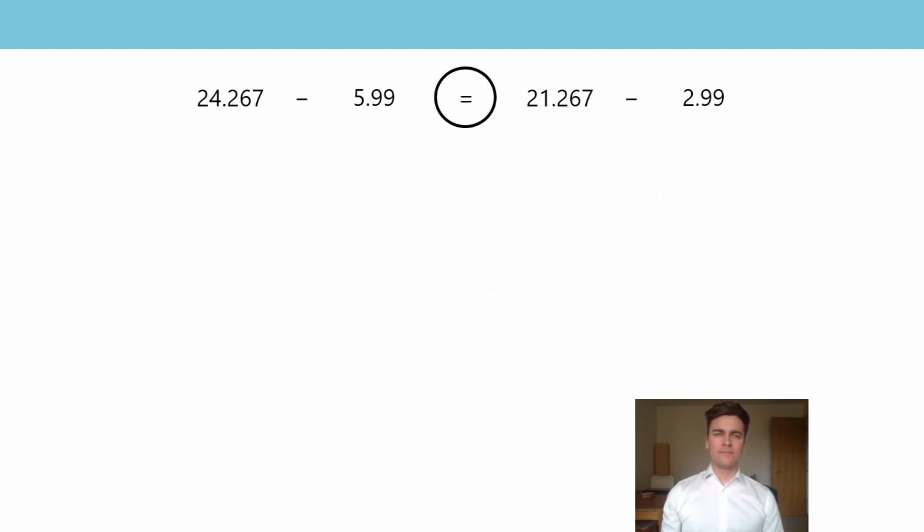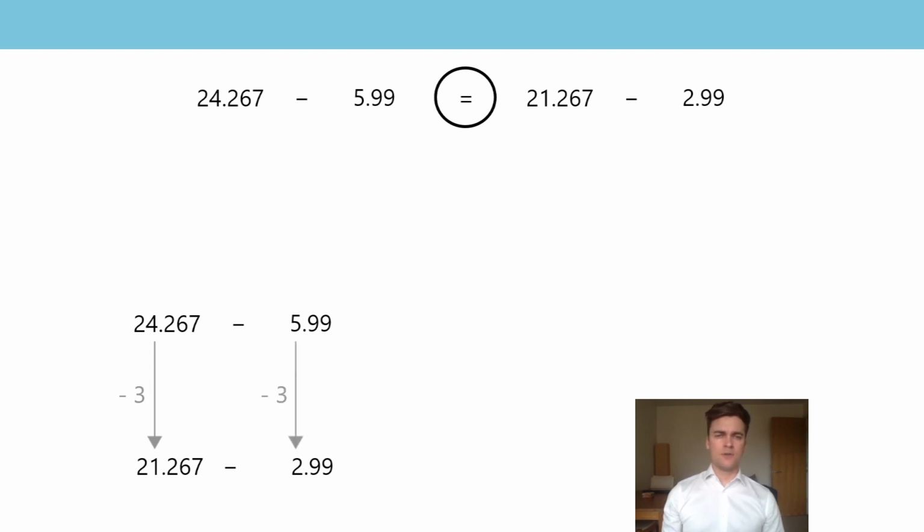I wonder, did anyone notice any patterns across the minuends and subtrahends? Have a look at it this way. Anything that you notice, and this is linking back to some of the previous lessons. The minuend. I've subtracted 3 from 24.267 to reach 21.267. There's a difference of 3 there.